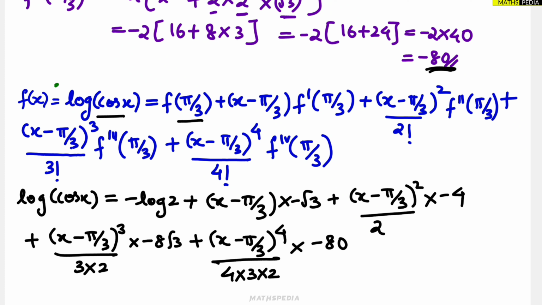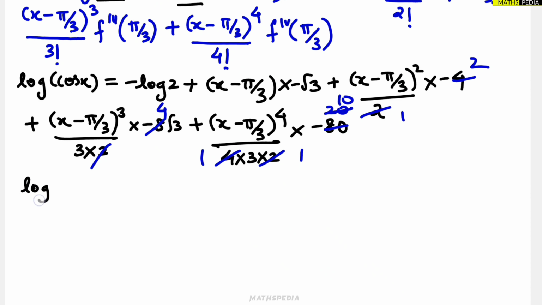So what all things will get cancelled? 2 ones are 2, 2 twos are 4, 4s are, 4 ones are 4, 20s are, 2 ones are 2, 10s are. So what is the final answer you will be getting?